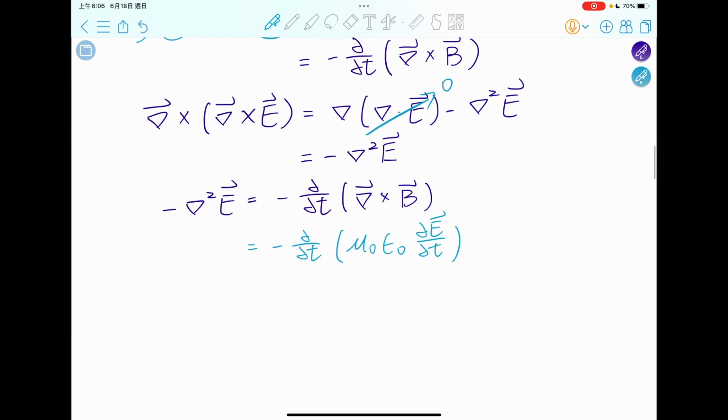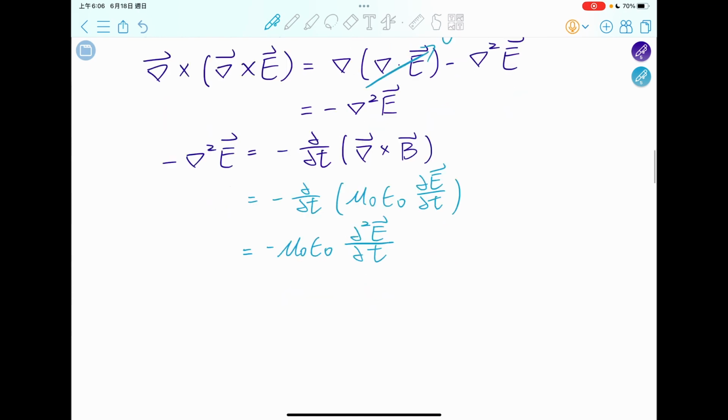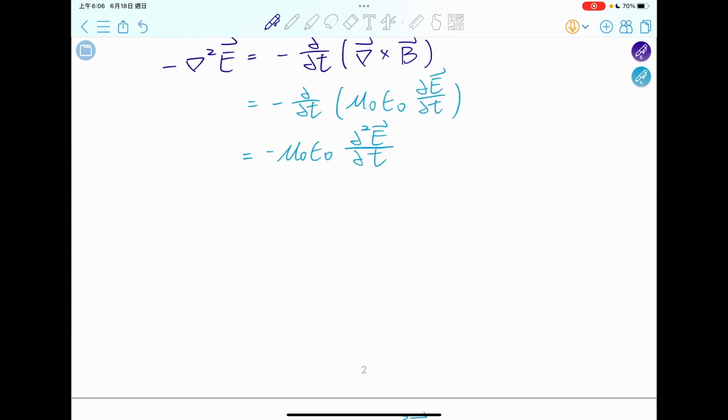And then we take out the constants. So we'll get negative mu naught epsilon naught times the second partial derivative of E with respect to t. And then we eliminate the negative sign on both sides of the equation.